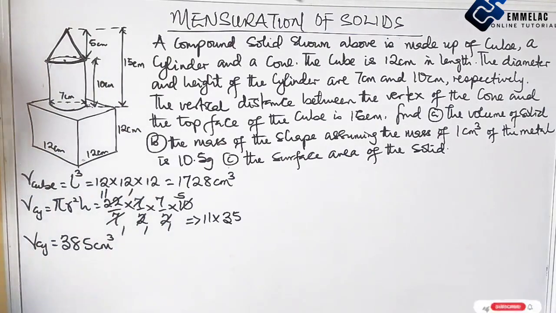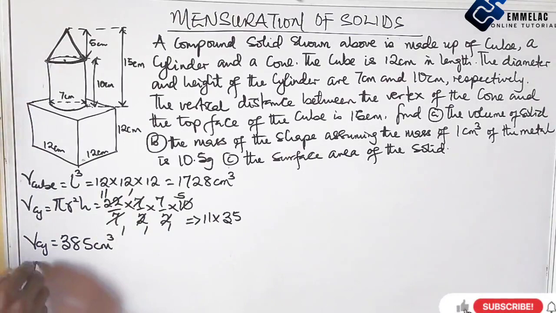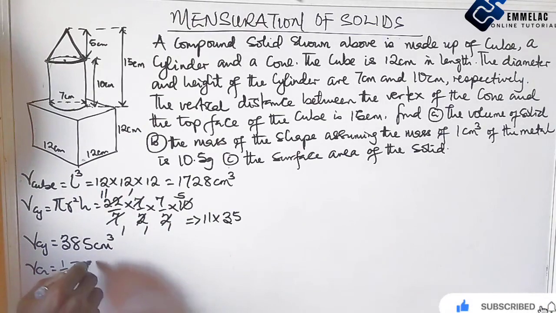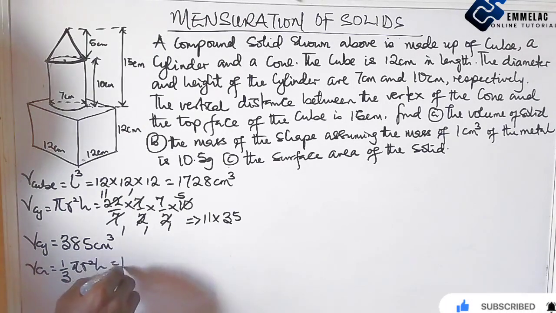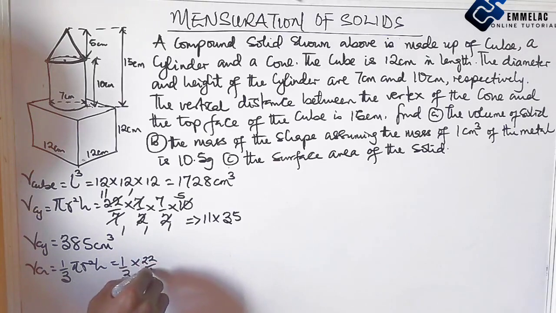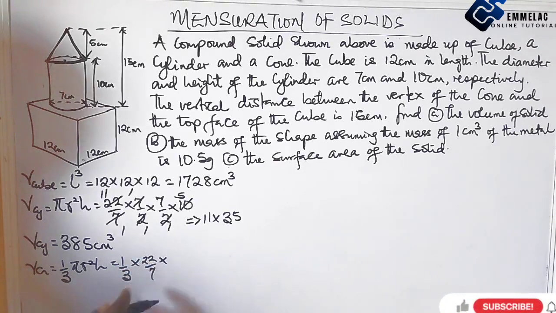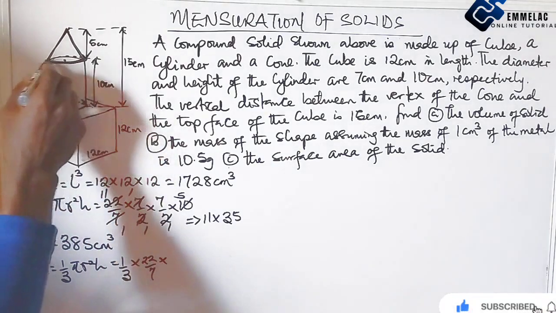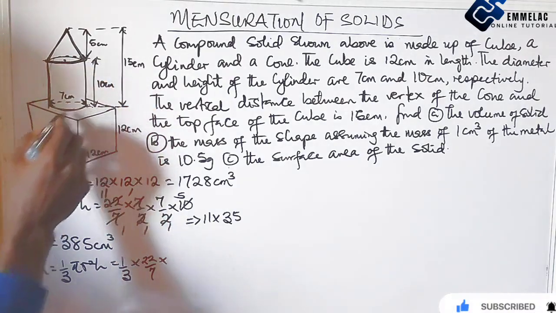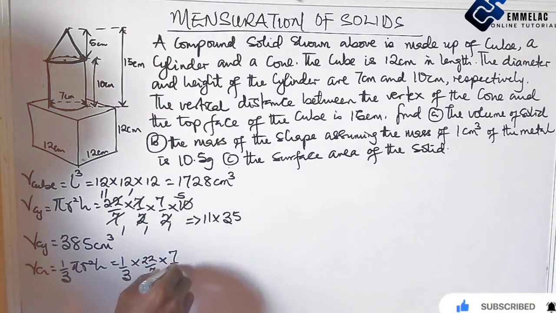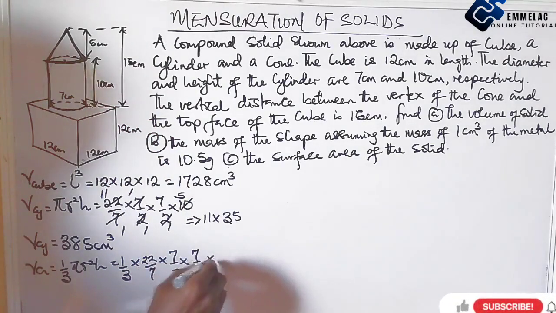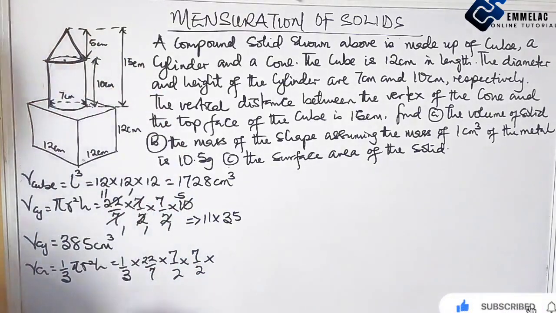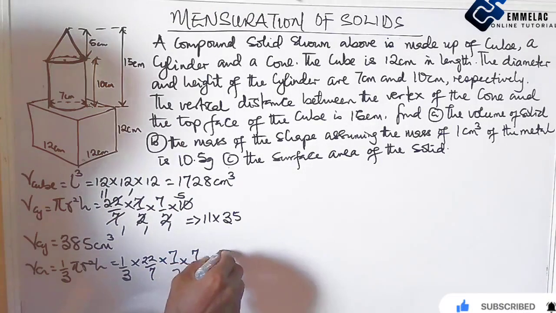Now let us look for the volume of the cone, which is 1/3 pi r square h. This gives 1/3 times 22/7, then times the radius. Since it takes the same base as the cylinder, it will have the same radius. Then the height, from here to here, is 5.